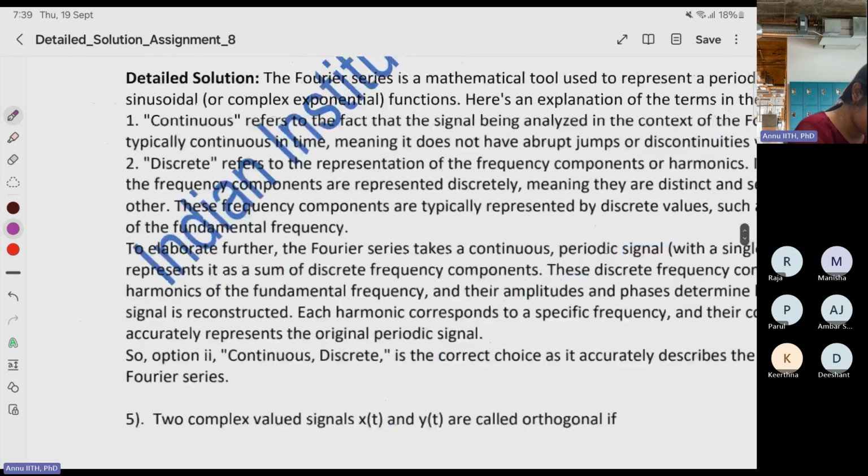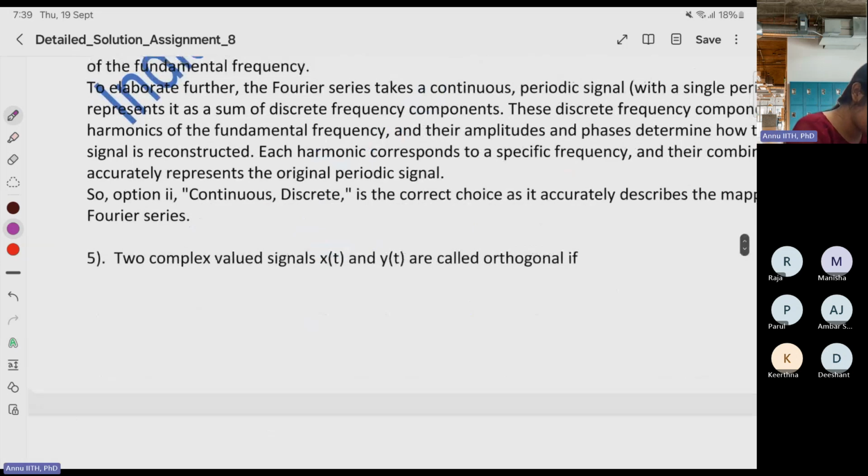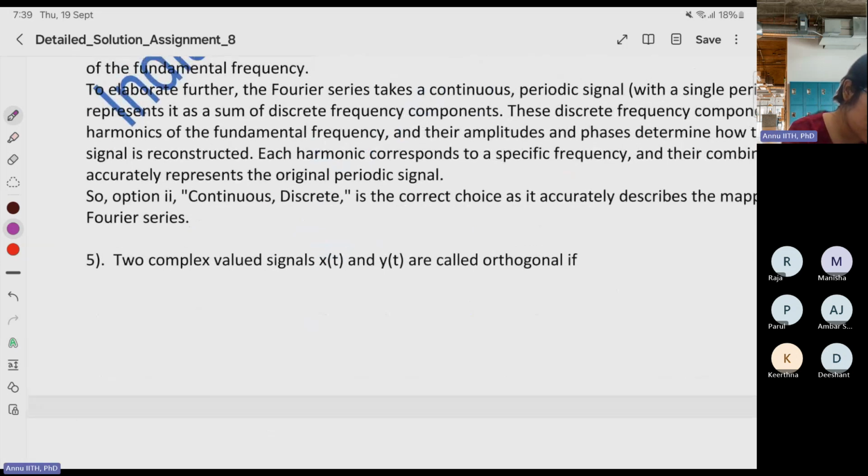So the answer is second. And the fifth question is: two complex valued signals x(t) and y(t) are called orthogonal when their inner product is 0. So the inner product is the integral of x(t) y(t) dt from minus infinity to infinity.